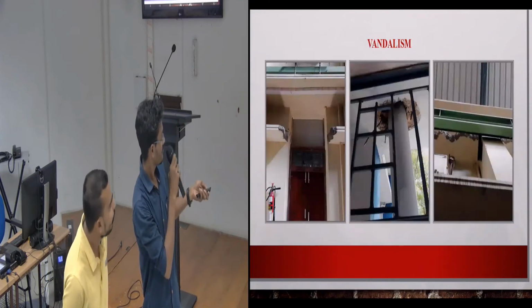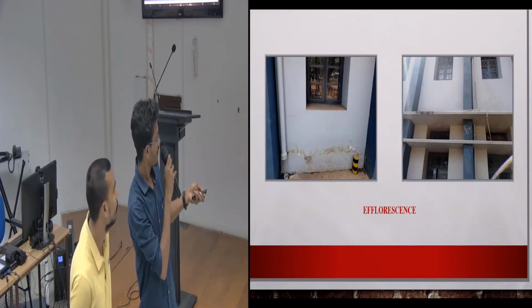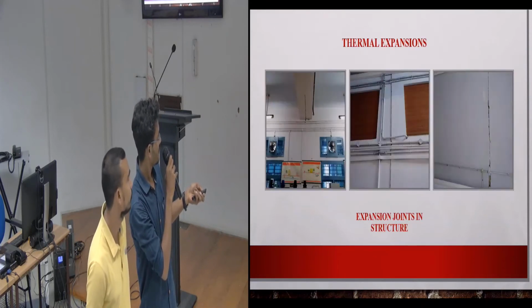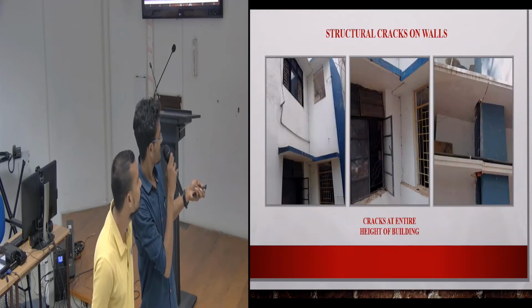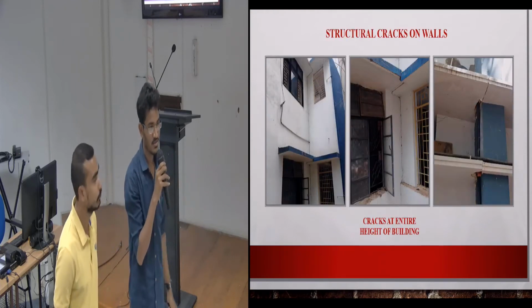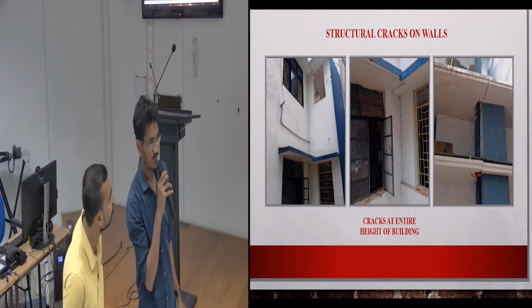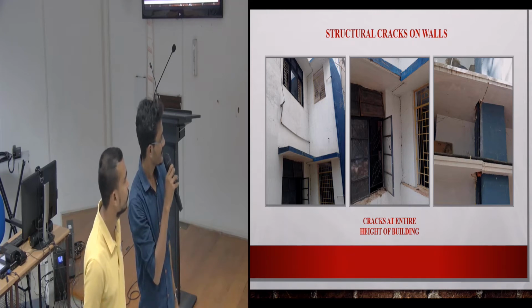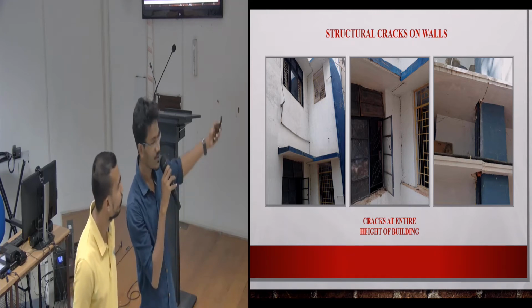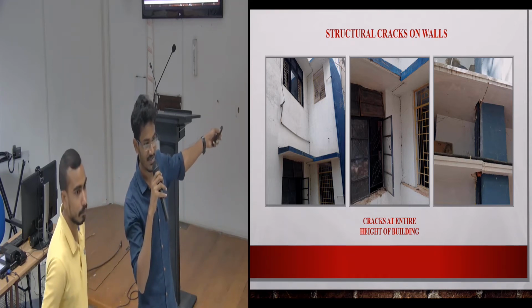Check the connection. Maybe due to some thermal expansion, the joints.